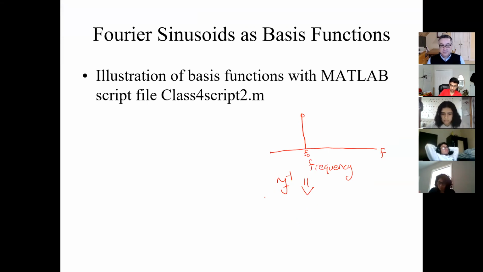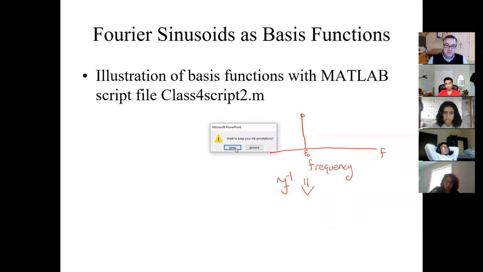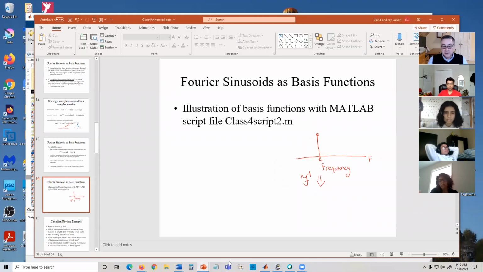And that's the function that will proceed unchanged through my system, unchanged except for scaling.